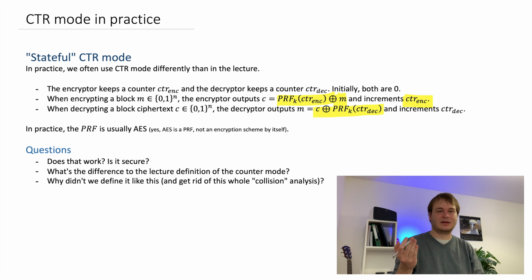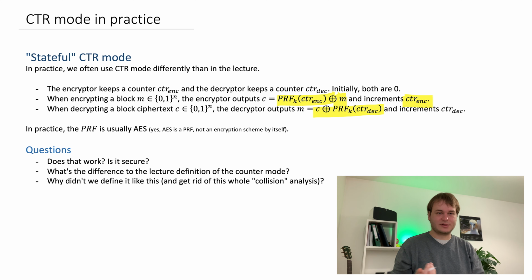Because the nice thing, if we just did it like here, would be that we would never run into collisions. So in the randomized counter mode, you may have this collision event that we analyzed in the proof. If that happens, then some of the encryptions may be insecure, the ones that have a collision. And so we had to analyze this event.